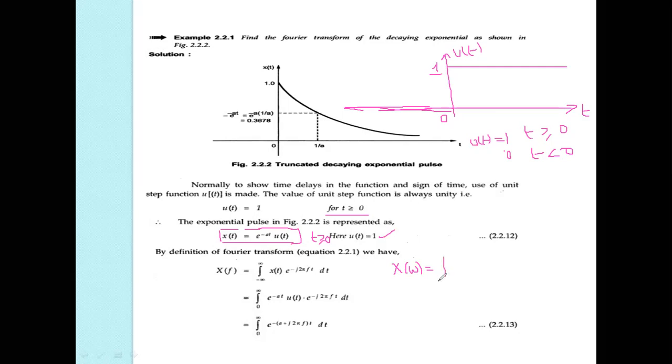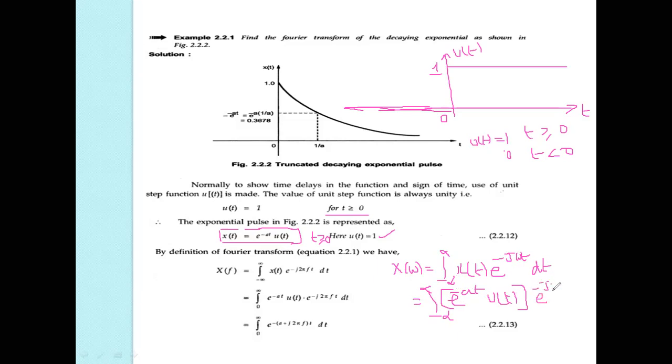The X of omega is also the integral from minus infinity to infinity of x of t e power minus j omega t dt, for angular frequency, and the former is for the normal frequency. The given signal x of t is e power minus at mu of t, and e power minus j omega t dt.